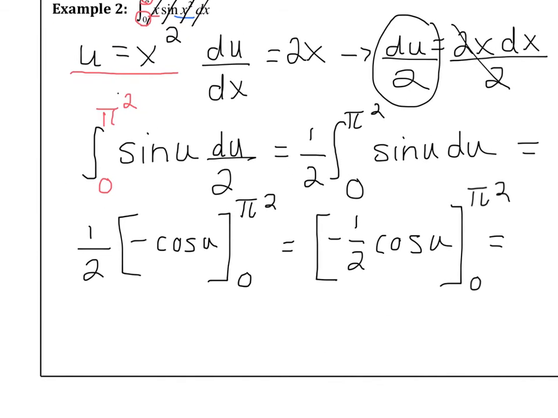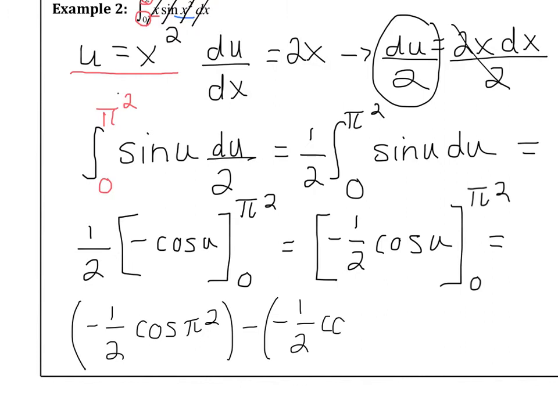Okay, so let's see. For our first term, we'll have negative 1/2 times the cosine of pi squared. Be careful, that's the cosine of pi squared, not cosine of pi squared, okay? And then minus negative 1/2 times the cosine of 0.